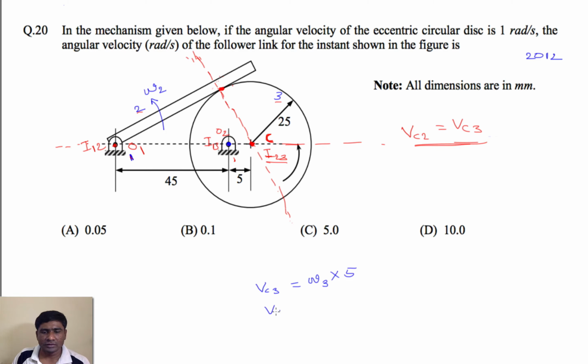So VC2 equals omega 2 into the distance from the center of rotation to the instantaneous center, that is O1C. What is the value of O1C? That is 50 omega 2. If I equate these two, what is the value of omega 3? That is 1 into 5 by 50, so this is 0.1 radian per second.